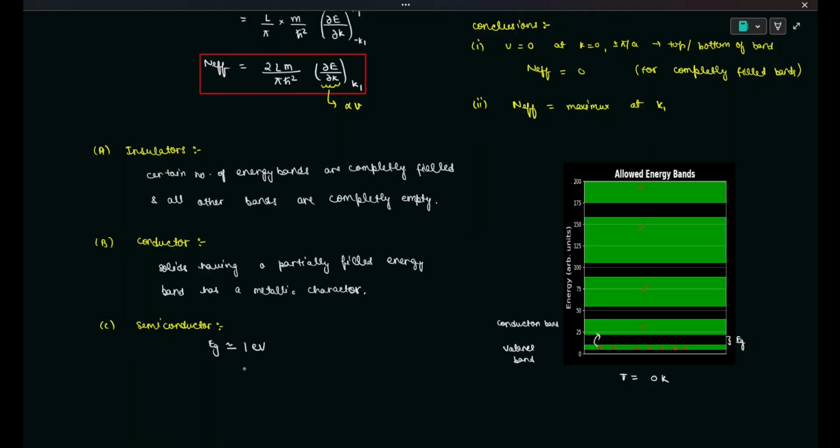So therefore, we can say that all intrinsic semiconductors are insulators at absolute zero, and all insulators may behave as semiconductors if the temperature is sufficiently higher than 0 Kelvin. Now it is also important to note that the conductivity of semiconductors increases with temperature because the number of conduction band electrons is increasing with temperature, while in case of metals the conductivity decreases with increasing temperature.